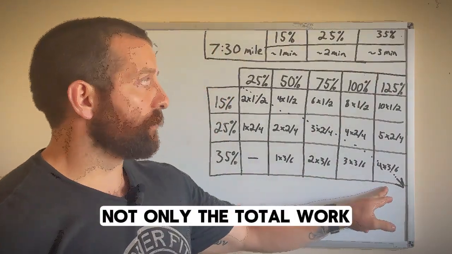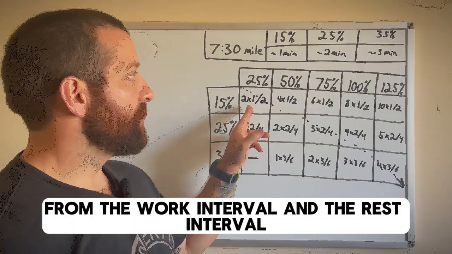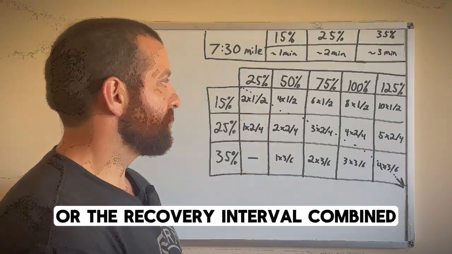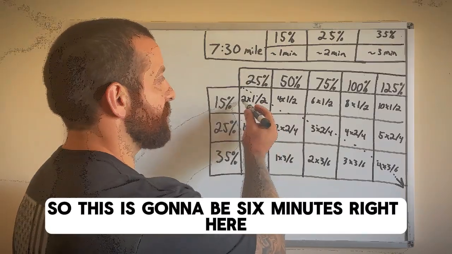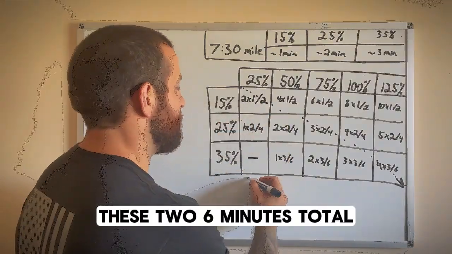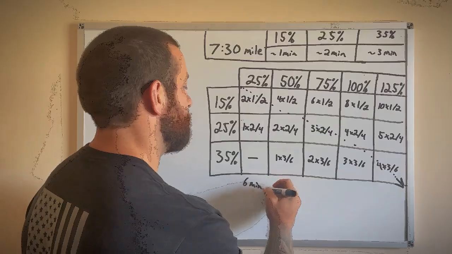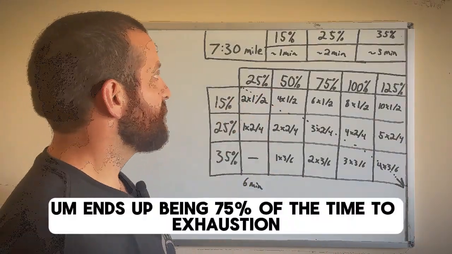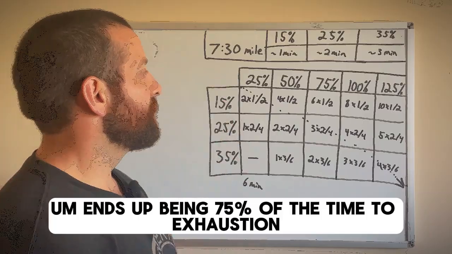Not only the total work from the work interval and the rest interval, or the recovery interval, combined. So this is going to be 6 minutes right here. These two is 6 minutes total, which ends up being 75% of the time to exhaustion.